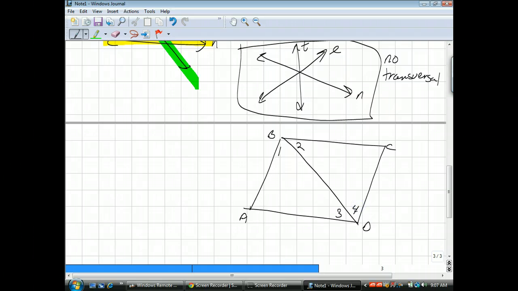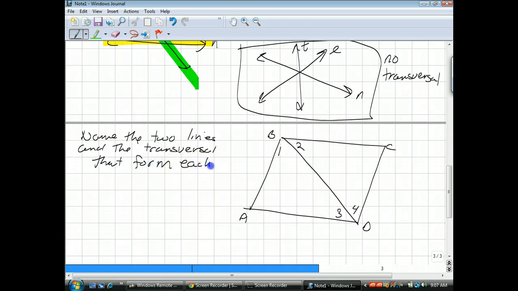What I want to do is name the two lines and the transversal that form each pair of angles.